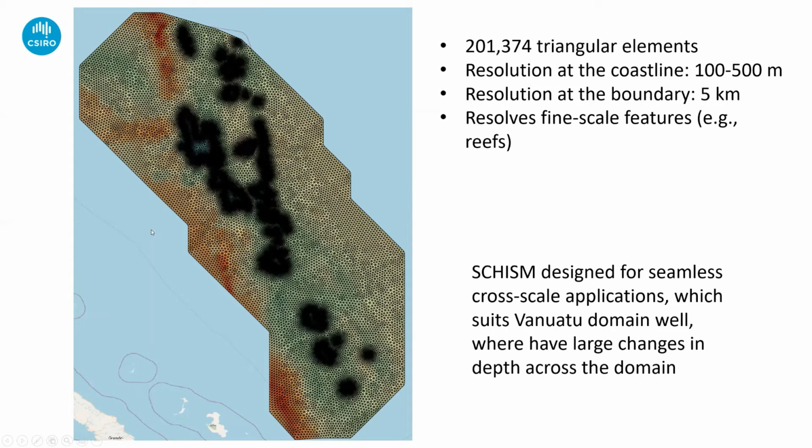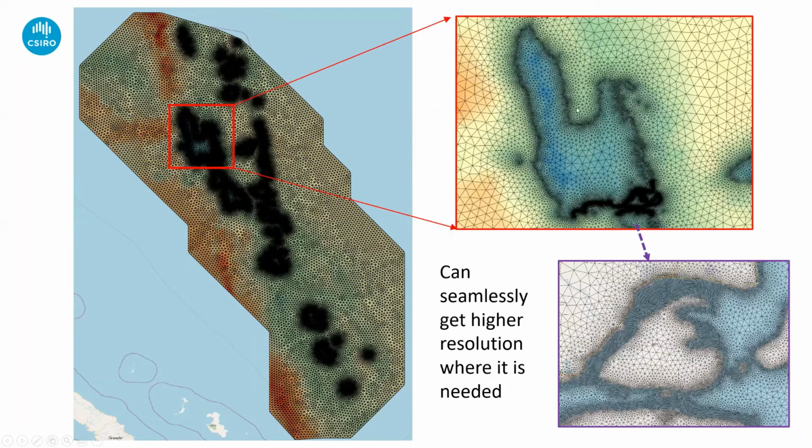So for example, this plot is zoomed in on this area, and you can see the triangles get finer around the coastline and through channels around southern Espiritu Santo. That's one of the really good advantages of these models: we can get this resolution transition very easily, and so it much better captures processes happening in coastal and shallow regions.